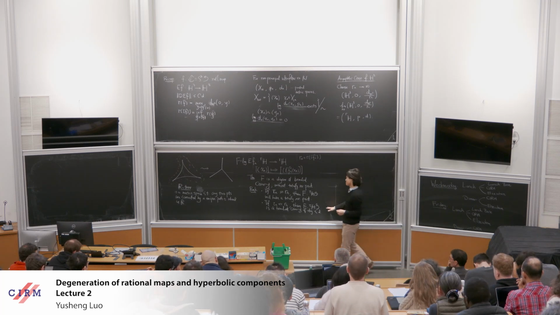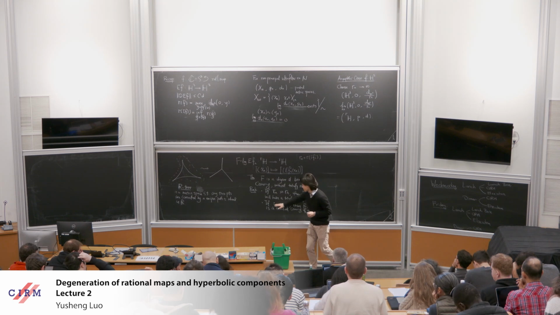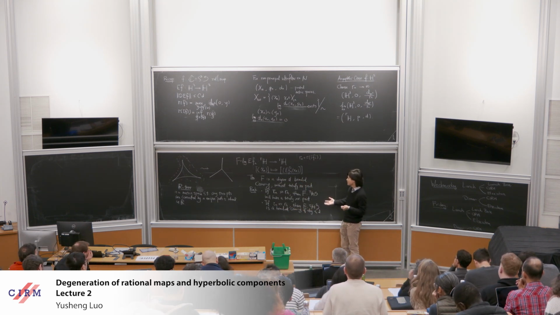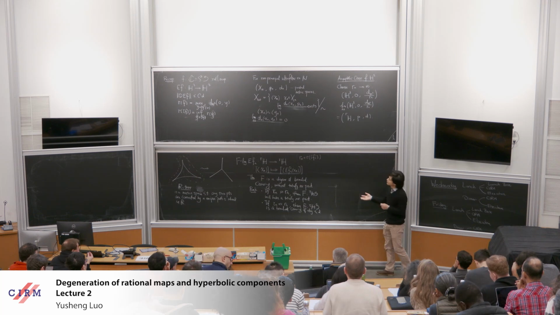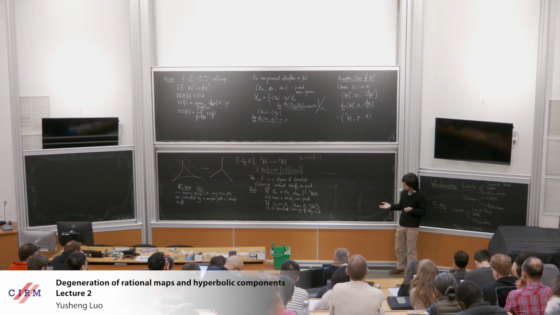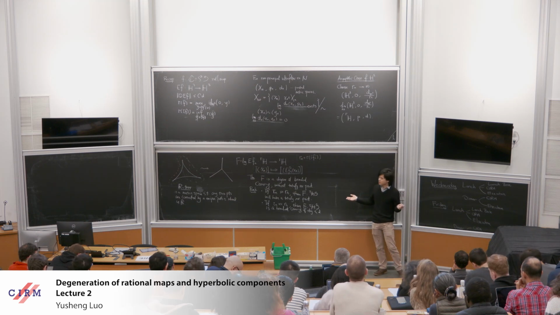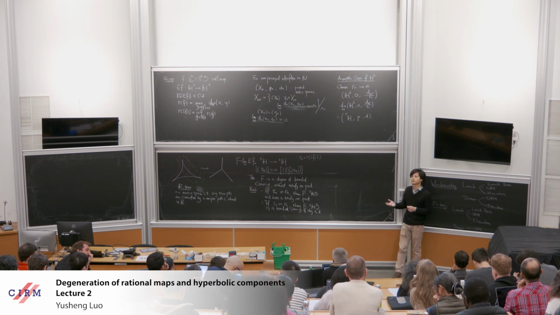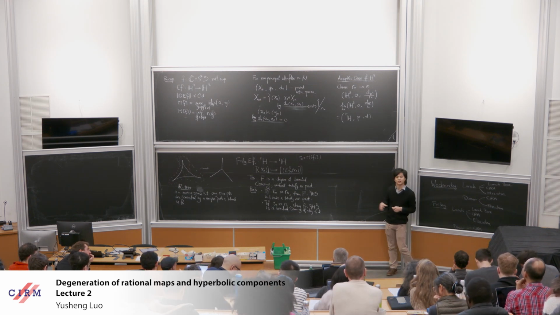Later on, we will use this fact, and it's not an artificial thing to consider these different limits. In order to understand, for example, the boundary of the main hyperbolic component for polynomials, you really need this kind of iterative procedure. So this is also something that I want to talk about later.